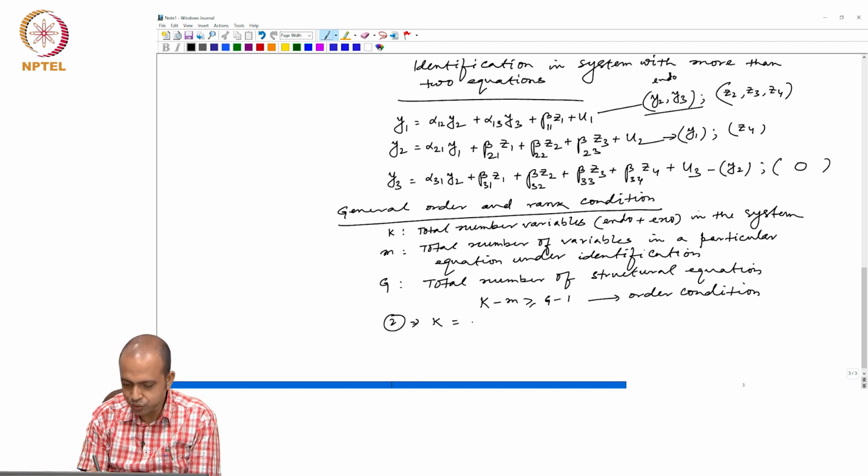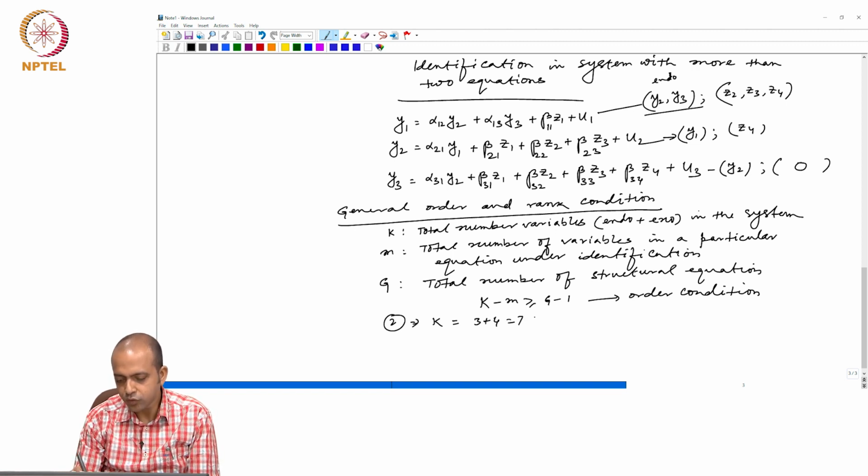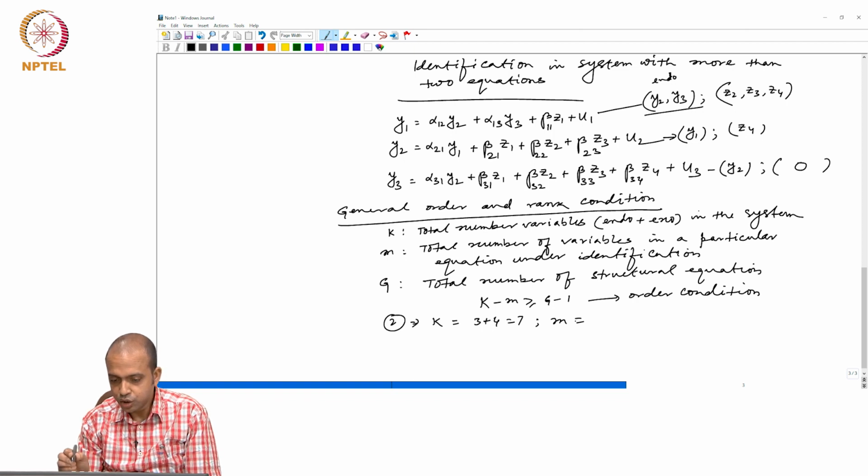So, K equals 3 plus 4 equals 7. What is M for equation 2? That means when you are considering identification for equation 2, in equation 2 how many variables are there? 1, 2, 3, 4, 5.